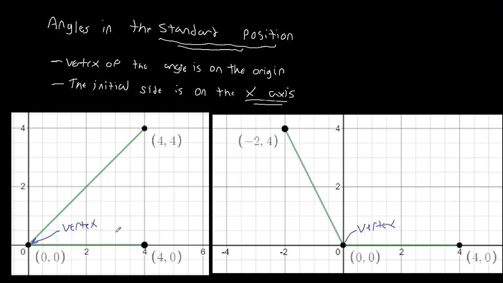The initial side, just to recap what that means, is the fixed side. In our previous video, we clarified that to mean if you're going to measure the angle, that's the side you're going to start with. So in this case, this right here is our initial side. And over here, this is our initial side.